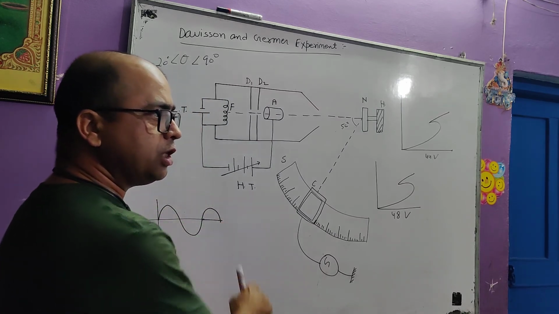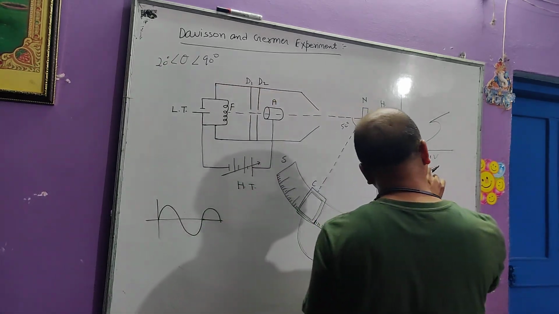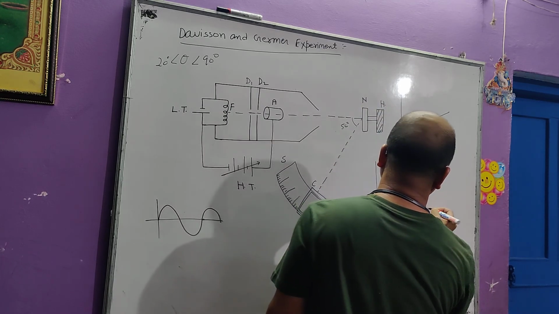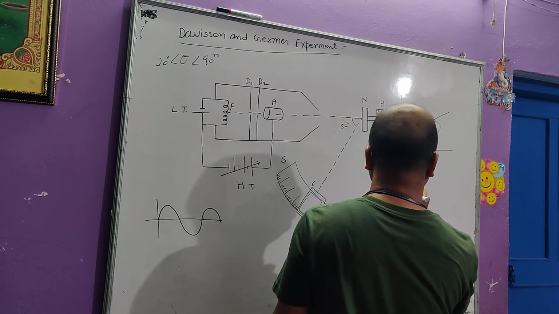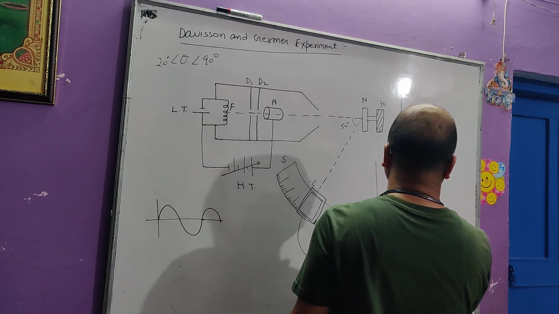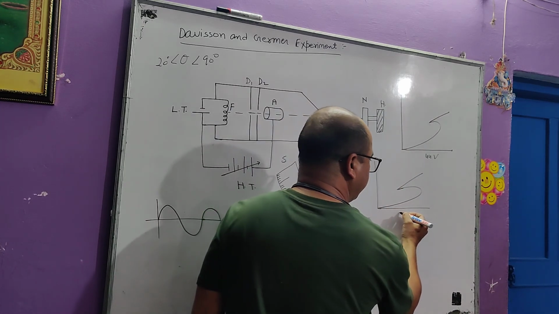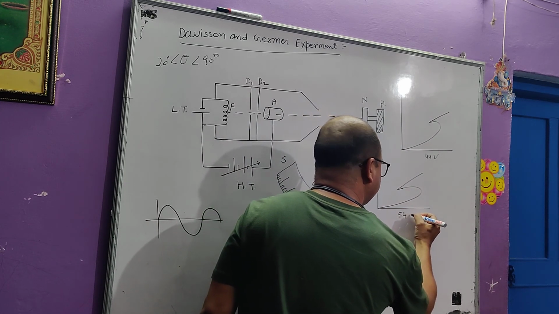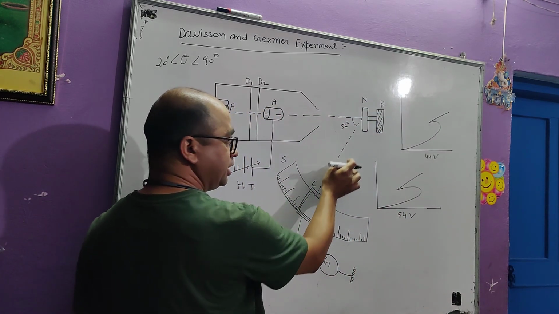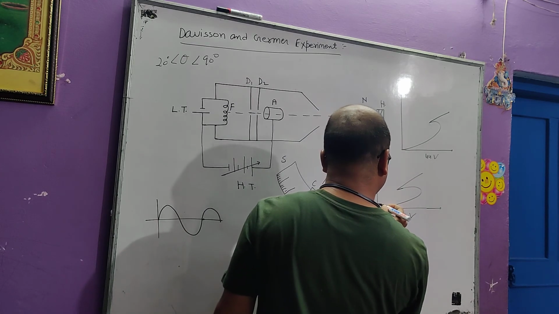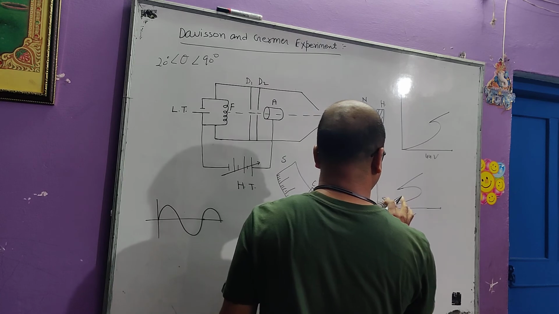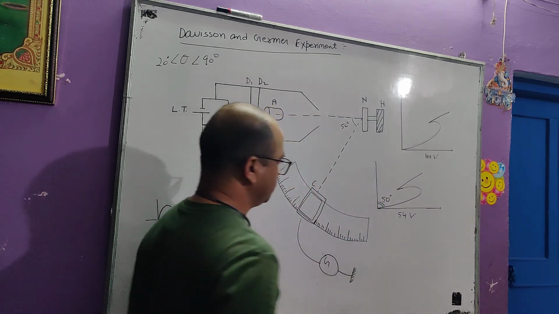Other curves I have already provided in the notes; I am showing only the 54 volt one. At 54 volt, the angle between the incident and the scattered ray was 50 degree, and the bump was most prominent.